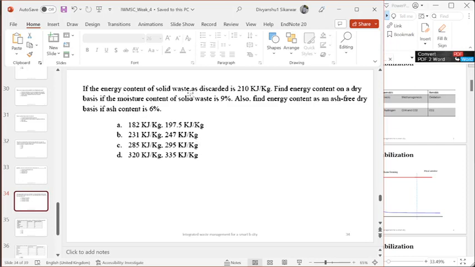If the energy content of solid waste as discarded is 210 kilojoule per kg, find the energy content on a dry basis if the moisture content of the solid waste is 9%. Also find the energy content on an ash-free dry basis if the ash content is 6%.